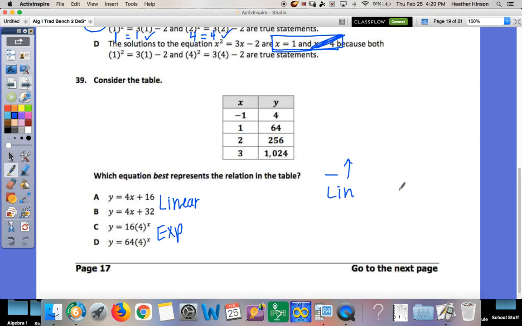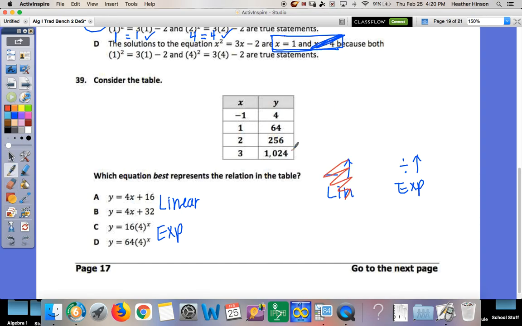If it's exponential, it's going to divide up. So if we subtract up, 1,024 minus 256 is 768. 256 minus 64 is 192. So they're already different. So that doesn't work. Definitely not linear.